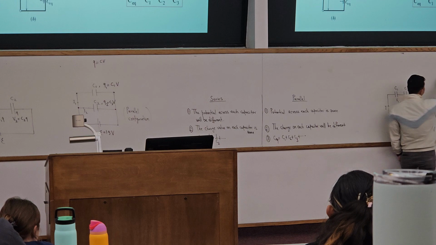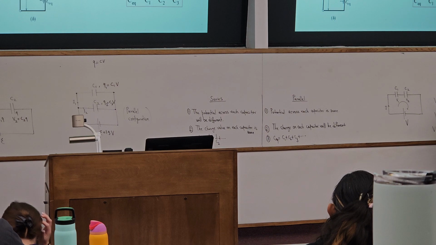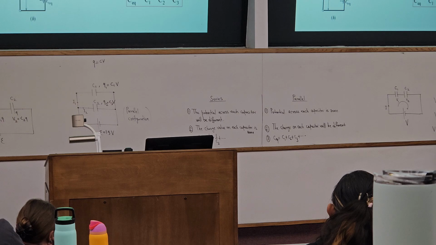Now, V equals Q over C, V equals Q over C equivalent. But here, this equivalent capacitance is 1 over C equivalent equals 1 over C1 plus 1 over C2. What does that mean?